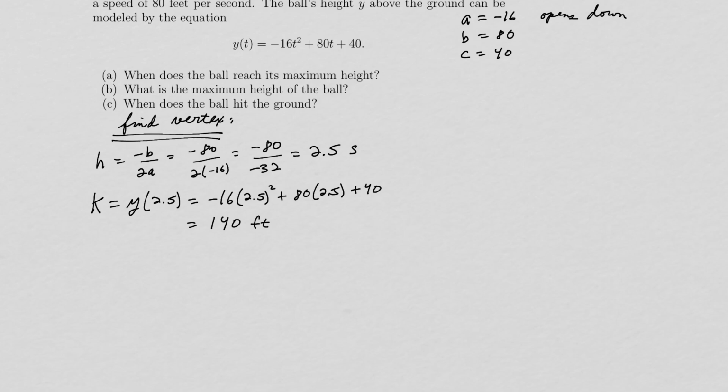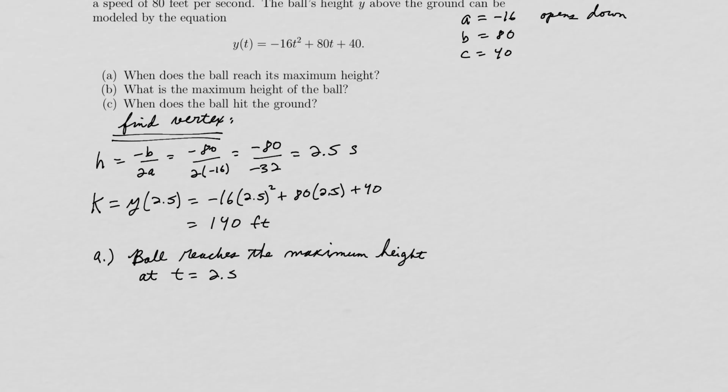Okay, so basically we've answered the first two questions, right? The ball reaches the maximum height at a time of 2.5 seconds, right? It's when the time equals h, because that's the t component in this case of the vertex.